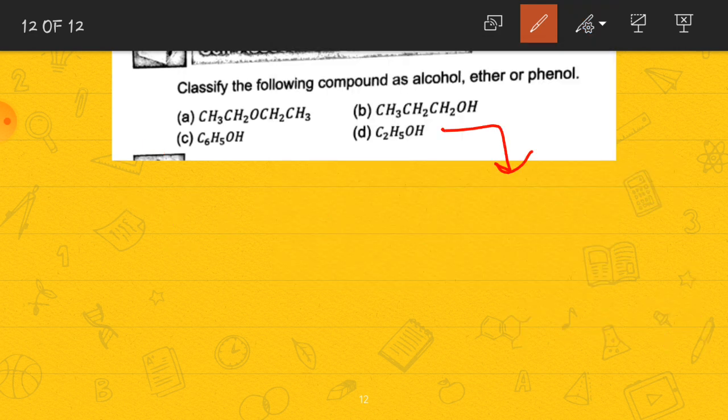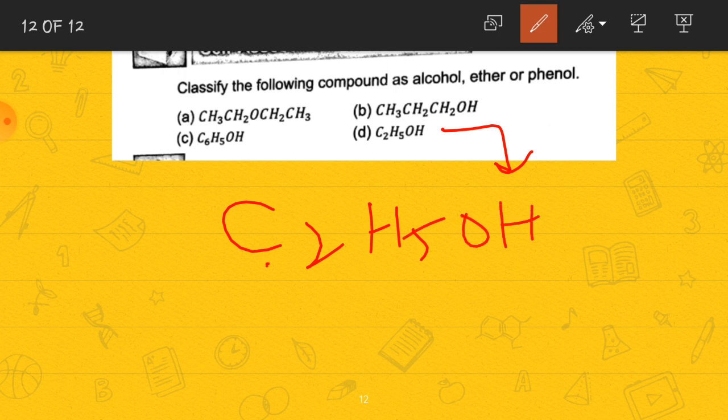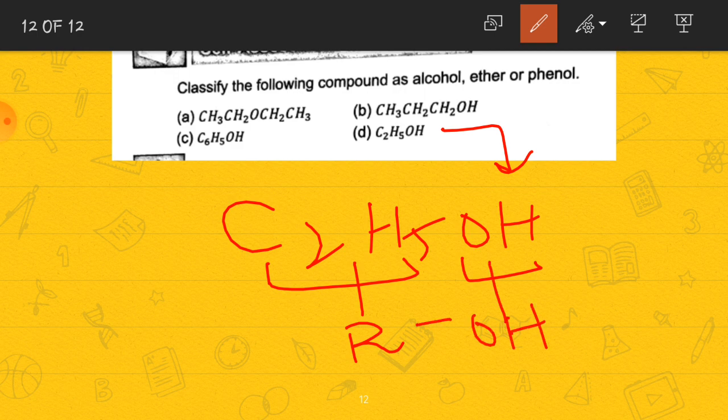For this compound, we have C2H5OH. Now this C2H5 is an alkyl group and this OH is a functional group. Since OH is attached to an alkyl group, it would be an alcohol. The name for this compound is ethanol.